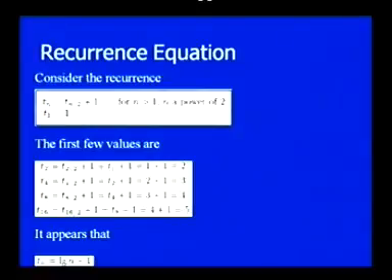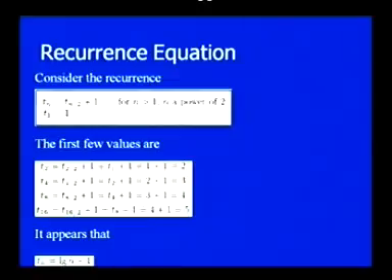This is one method. The second method using which we can solve these equations is using the concept of the recurrence equation. So, we can solve this in this particular manner. Again I am taking a small example to illustrate how these things are happening.